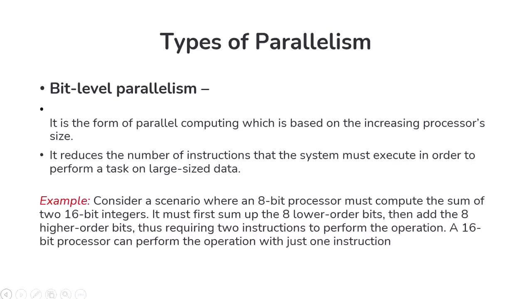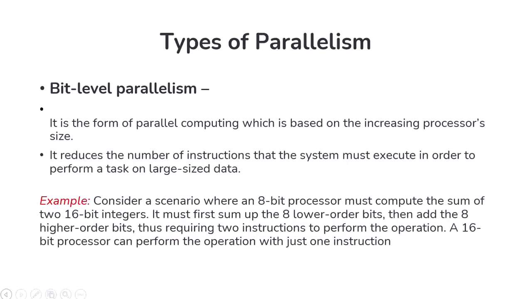If we add two 8-bit numbers on an 8-bit processor, that takes one instruction, but adding two 16-bit numbers on the same 8-bit processor will take double the instruction time. A 16-bit processor can perform the operation with just one instruction instead of two.